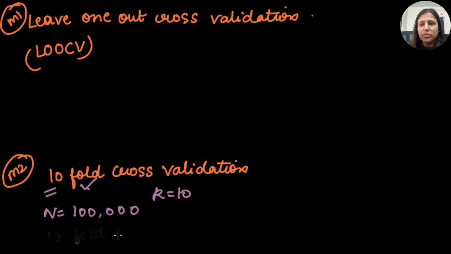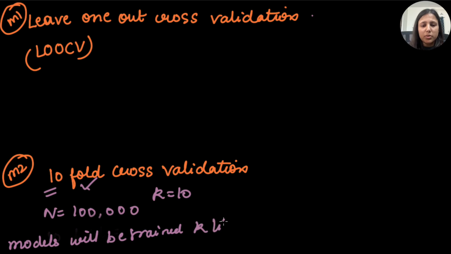So we know from the previous questions that models will be trained k times, which is equal to 10, right? So for one parameter, we have to train the models 10 times. But we have four values of the hyperparameter, so we have to train 4 into 10 times.